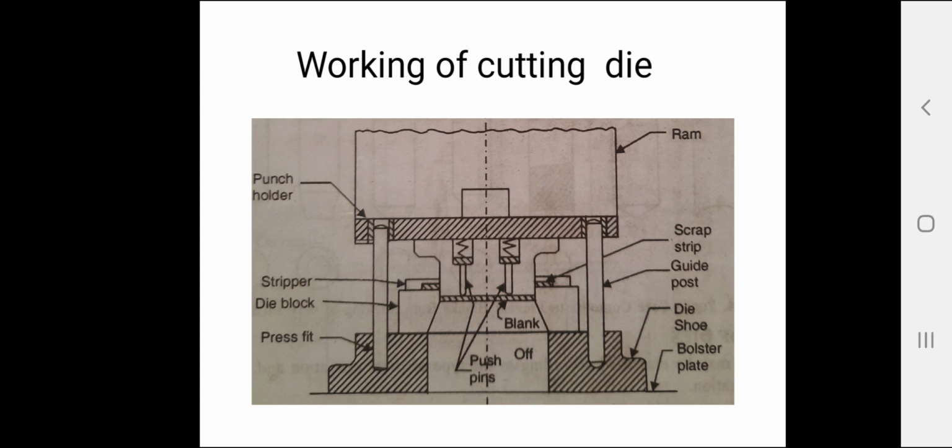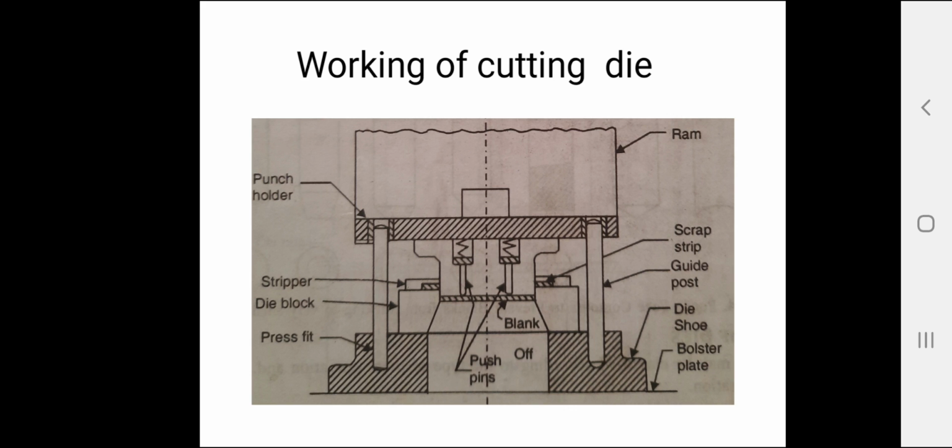The cutting action takes place during the downward movement of the punch into the die block. After the cutting action, elastic recovery in the strip material takes place. Due to this, the size of the blank increases and that of the hole in the strip decreases.